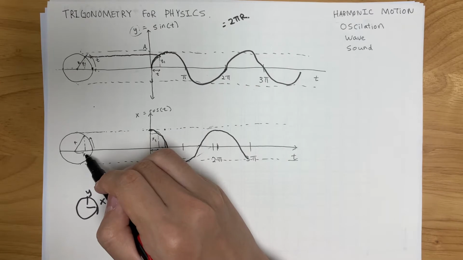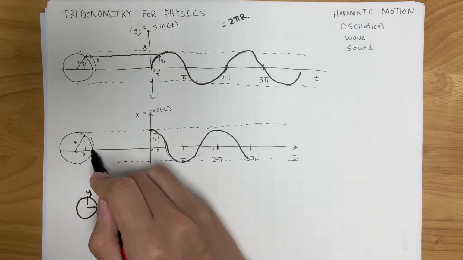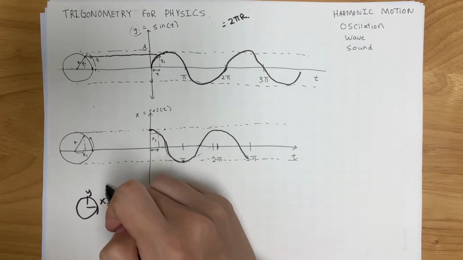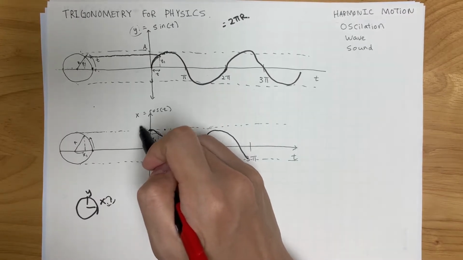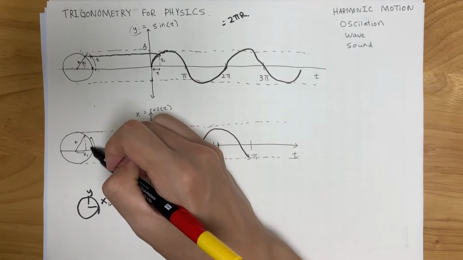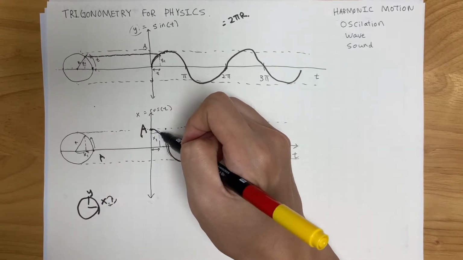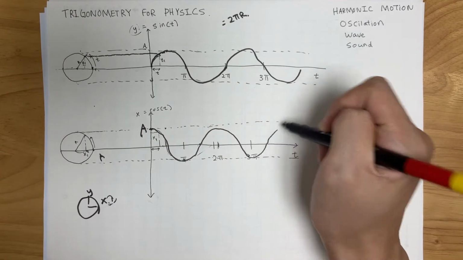And for x, since it starts from the beginning in here, the x value is very large, as 1 or r, but anyways, you can call it r or amplitude. Let's say this length is amplitude. And it starts with the amplitude and it rotates around like this.